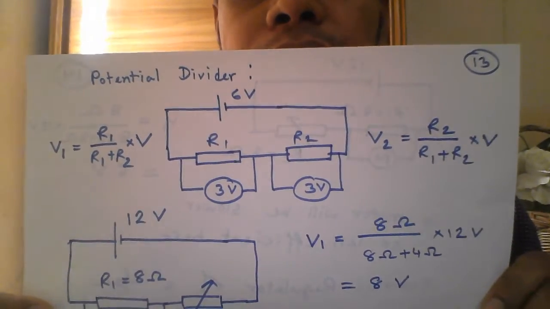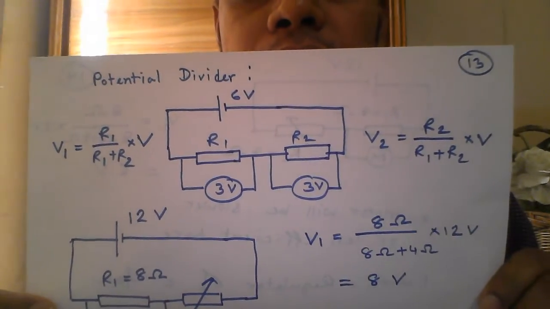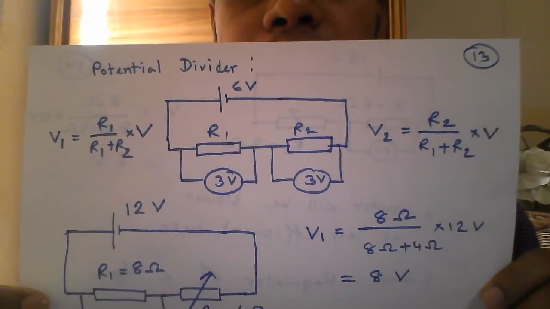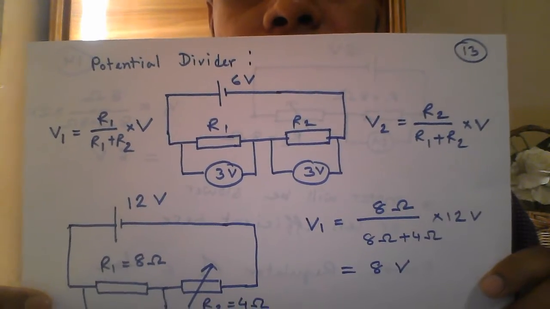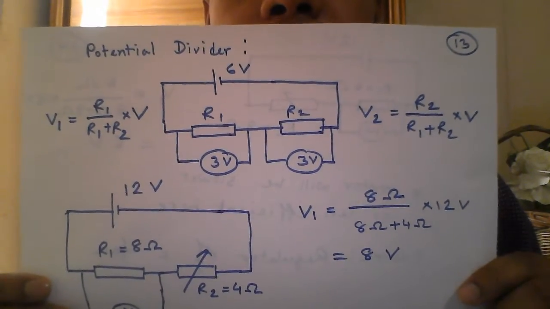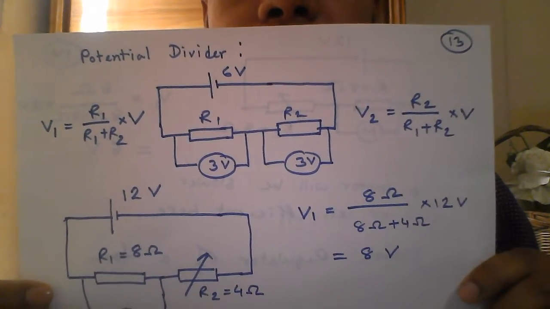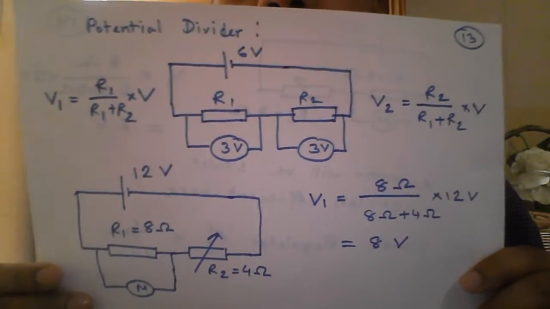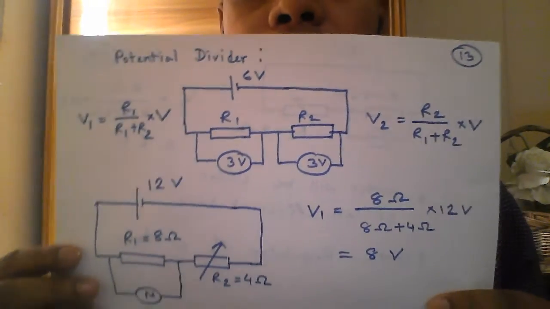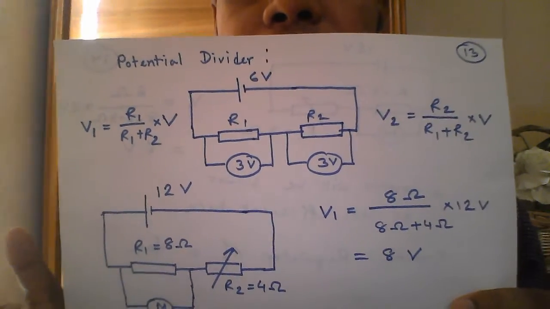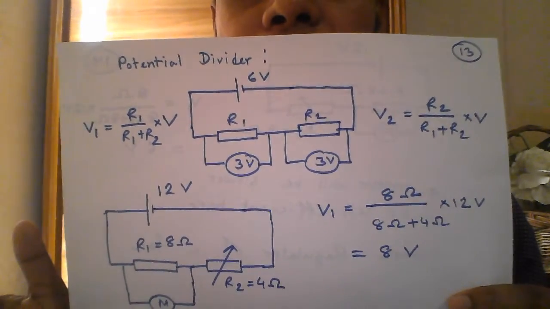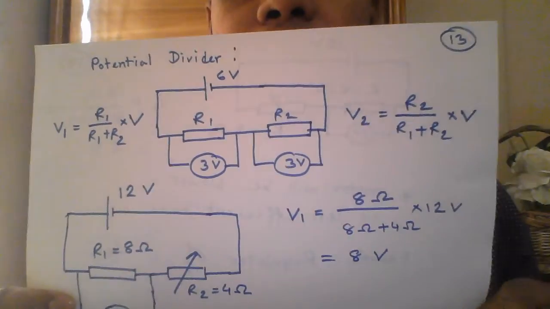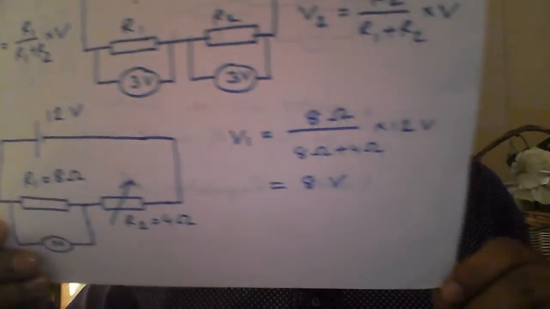So in potential divider we actually use series circuit to get some benefits or to use according to our needs. Look here, both R1 and R2 are getting 3 volts each. Now for example, if we don't need them equally, we need more in R1 and less voltage in R2, what will we do?